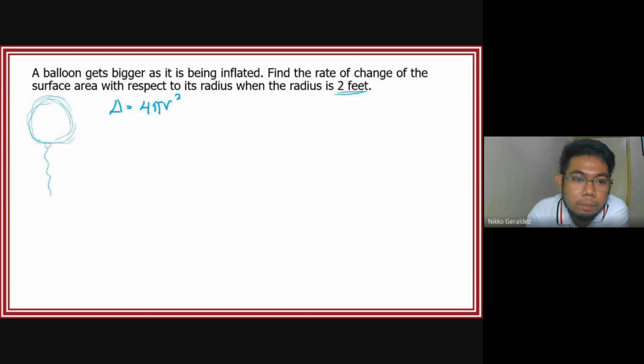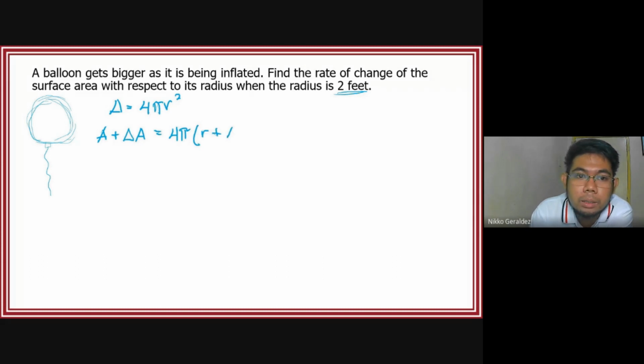So una, we have itong A equal to 4 pi r squared. Step 1 is change A to A plus delta A. So A plus delta A equal to 4 pi, so change r to r plus delta r.